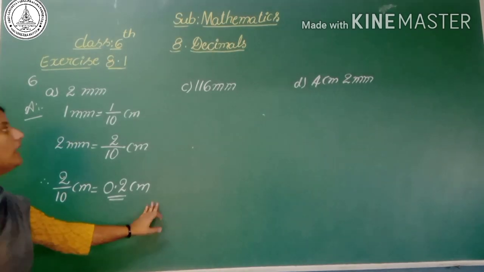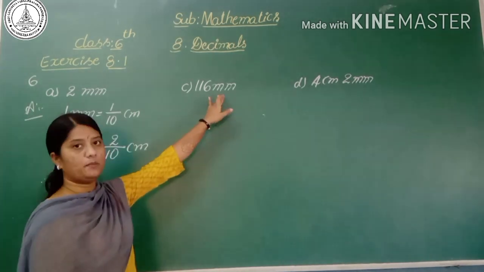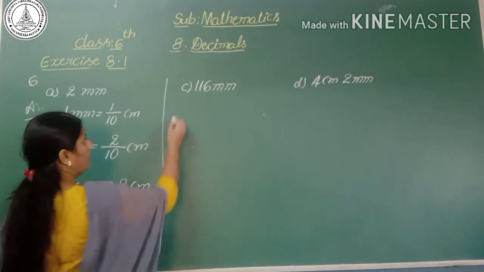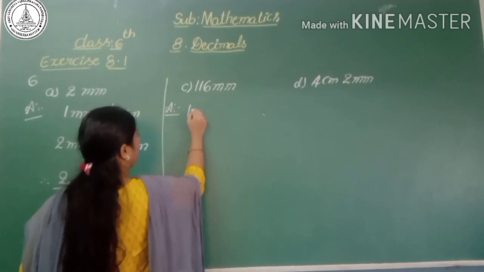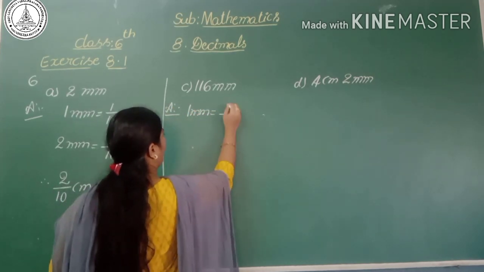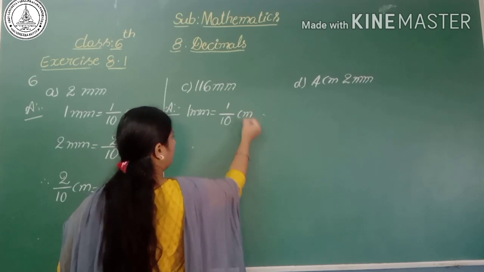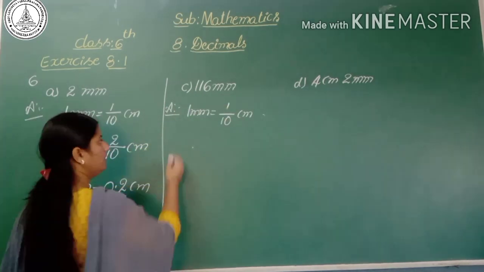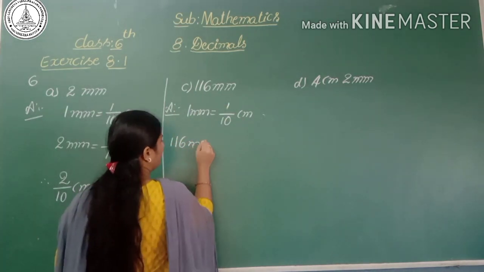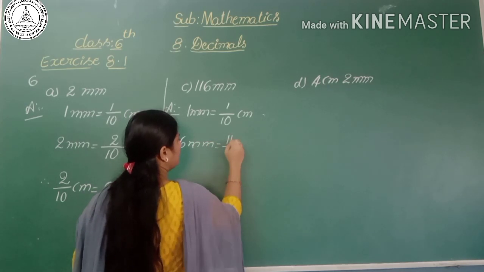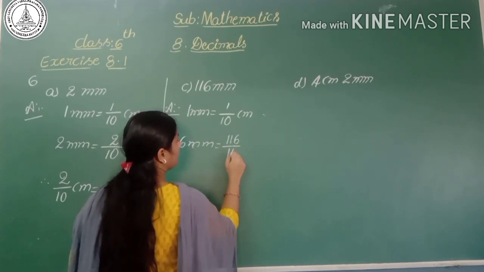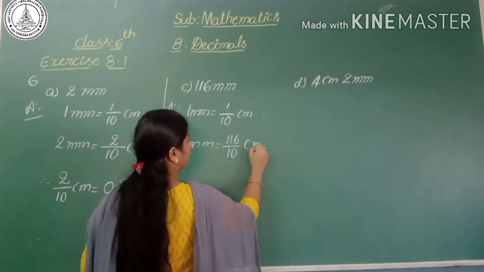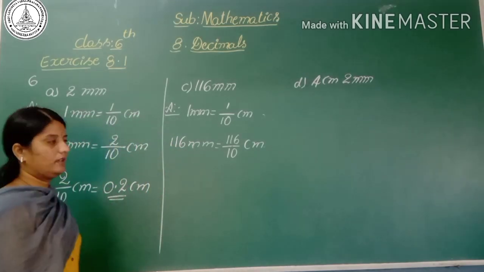Then similarly, we have to write 160 millimeters as a decimal. Let's write here: 1 millimeter is equal to 1/10 centimeter, right? Then 160 millimeters is equal to 160 divided by 10 centimeters.